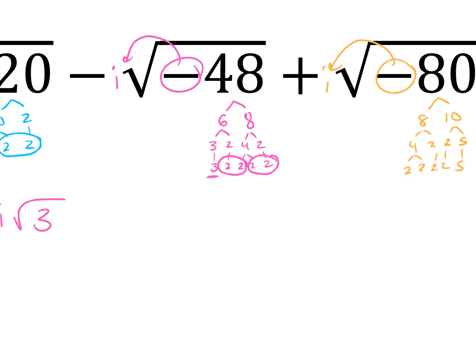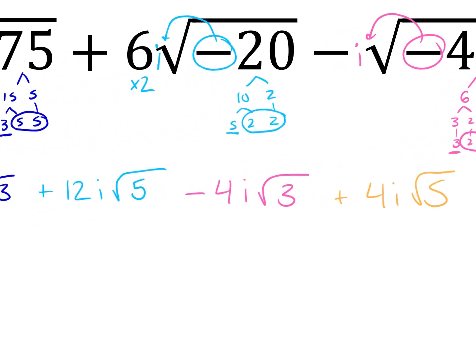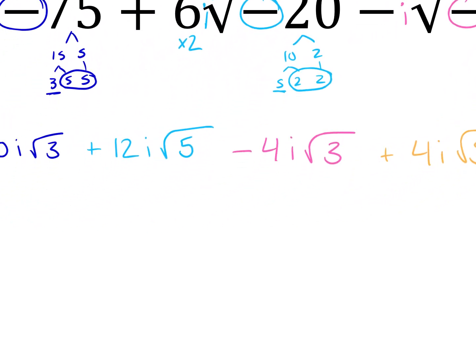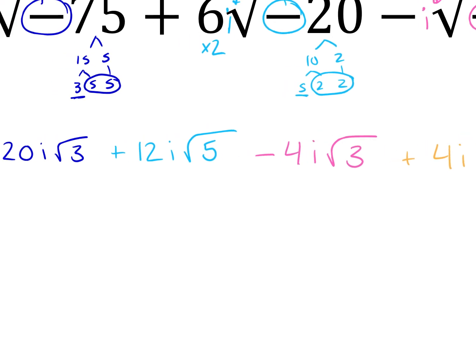So this breaks down to 2, 2, 2, 2, and 5. What would we circle? 2 sets of 2's. And what comes to the outside? So 4i square root 5. All right, now that we simplified all 4 of them, let's see which ones we can combine. Do we have any like terms here? Which 2 are like terms?